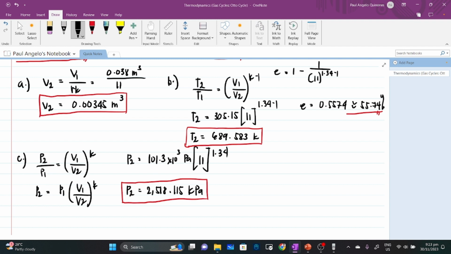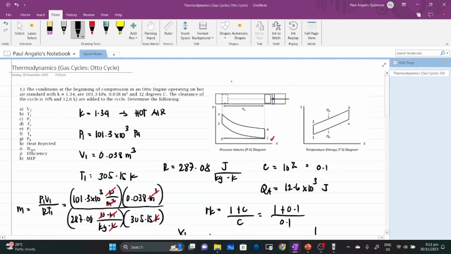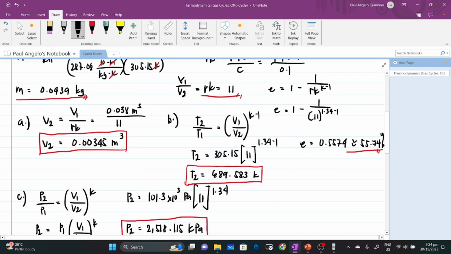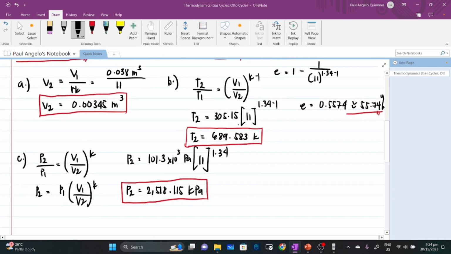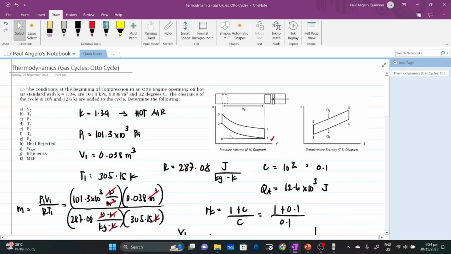Next, so now we have P sub 2. What we don't have is V sub 3. But we know in our PV diagram, V2 is equal to V sub 3, and V sub 1 is equal to V sub 4, by simply looking at your PV diagram.